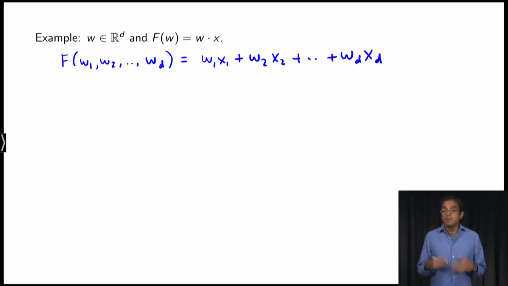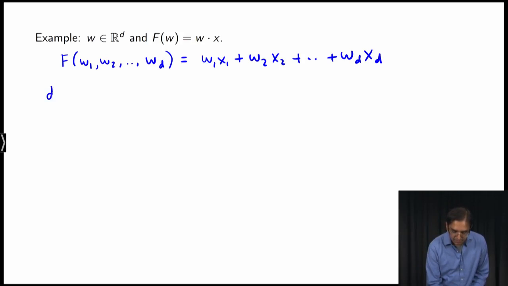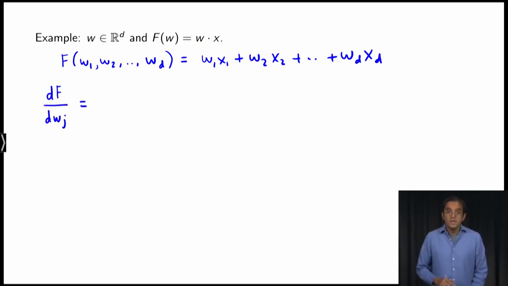So now we compute derivatives with respect to each of these d variables separately. So what is the derivative with respect to wj? Well, in that big summation, there's only one term that involves wj, xj. So the derivative is just xj.